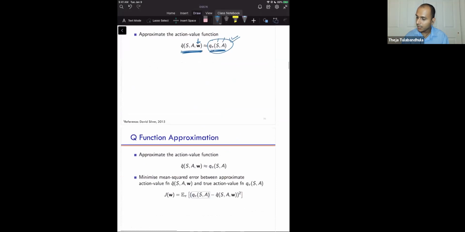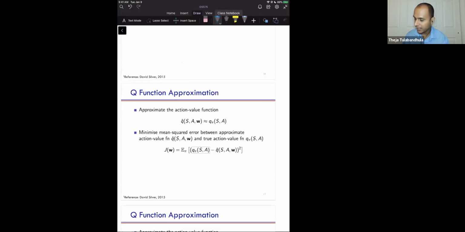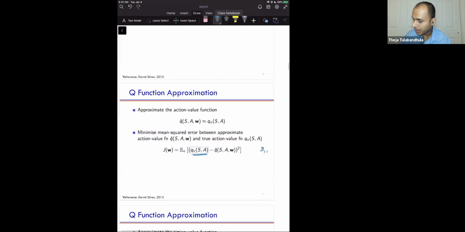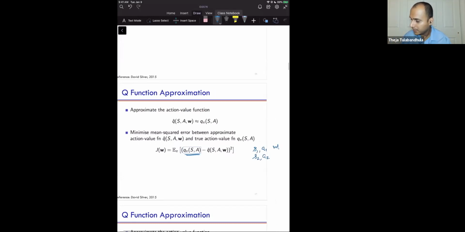Now, how would you do that approximation? You would say, I have some target values that I can get for a bunch of state action pairs. Let's say S1, A1, S2, A2, and I have the values: the value would be Q pi of S1, A1, then value 2, and so on.